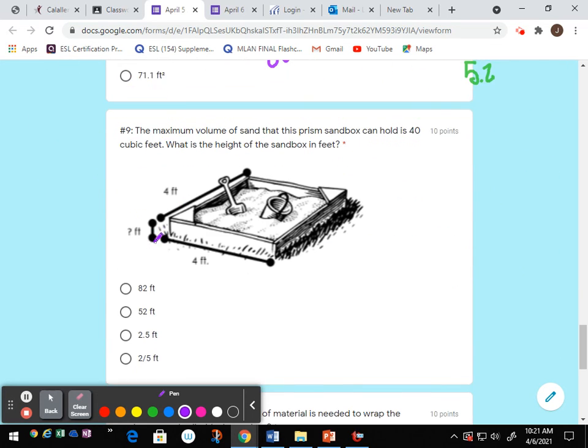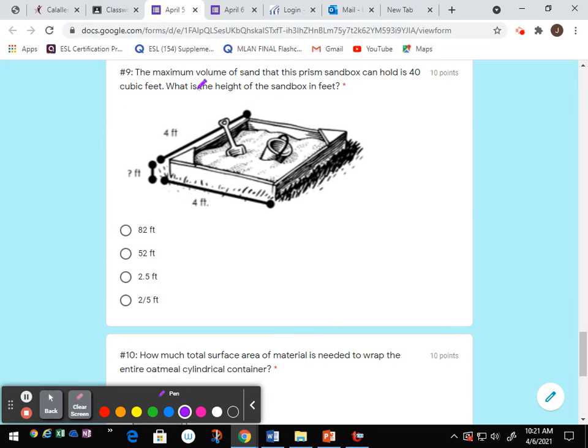Last question we're going to do is number 9. Number 9 says the maximum volume the sandbox prism can hold is 40 cubic feet. So it already gave us our volume. What is the height? We want to find the height of the sandbox in feet. The volume formula for a prism is big B times H. Big B, we always replace with the area formula for the base.